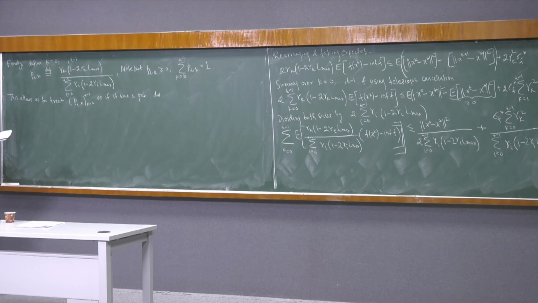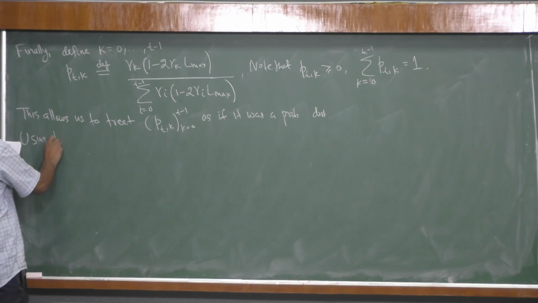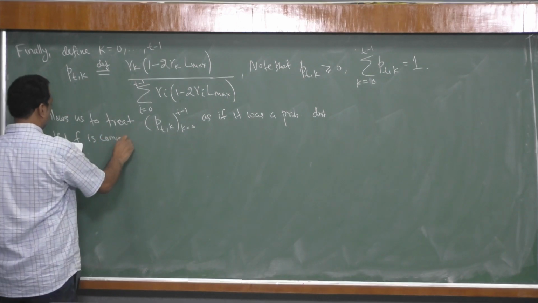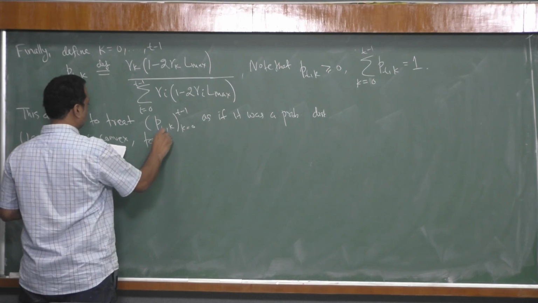So we will do that, and we will use the convexity here and Jensen's inequality. Okay, so let us see. Using that f is convex, together with Jensen's inequality.